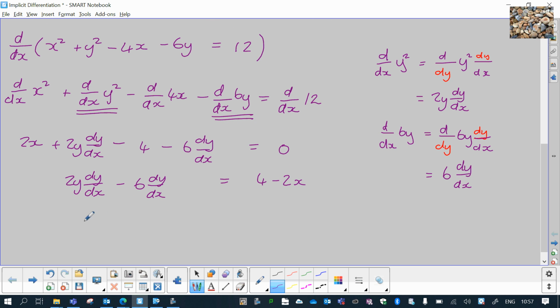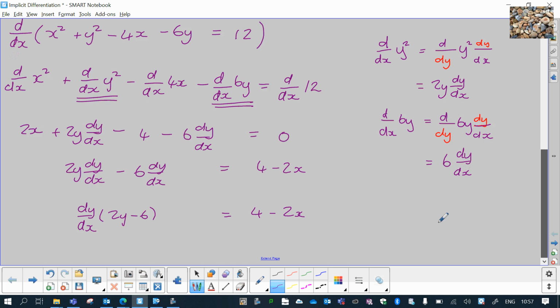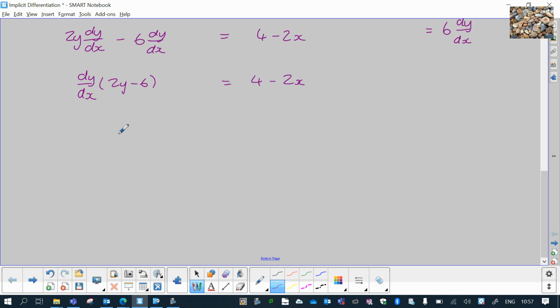We can factorize. And then we can divide. And then we have an expression for dy by dx.